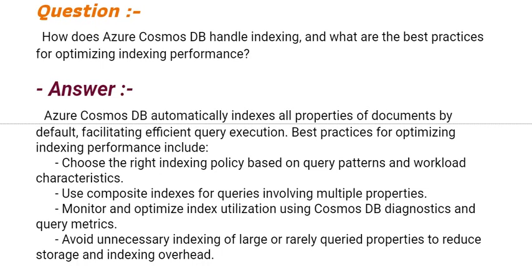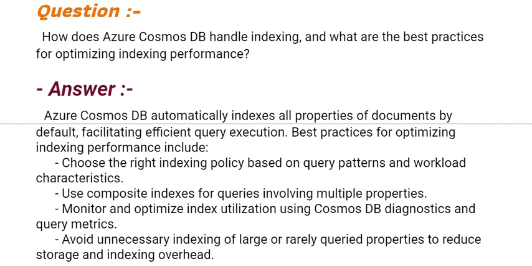Best practices for optimizing indexing performance include, the first one is, choose the right indexing policy based on query patterns and workload characteristics. The second one is, use composite indexes for queries involving multiple properties.